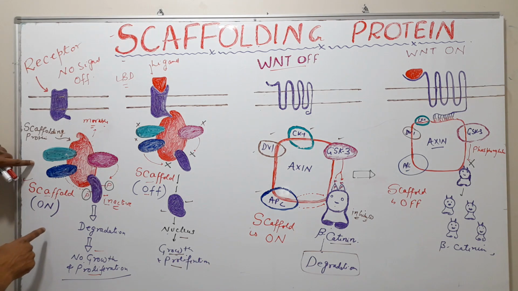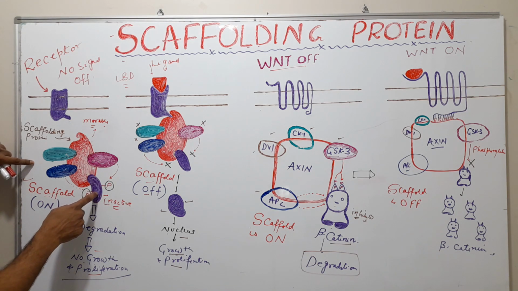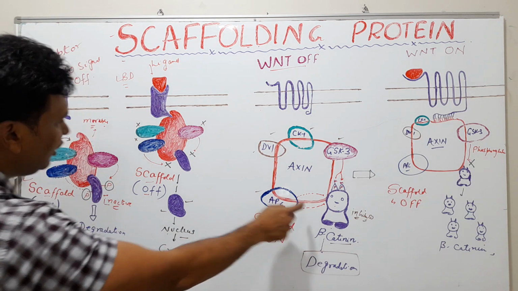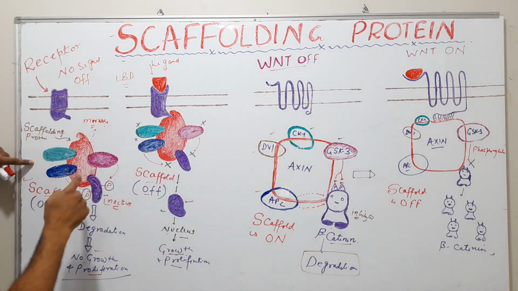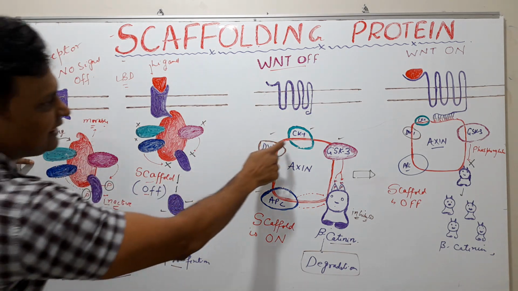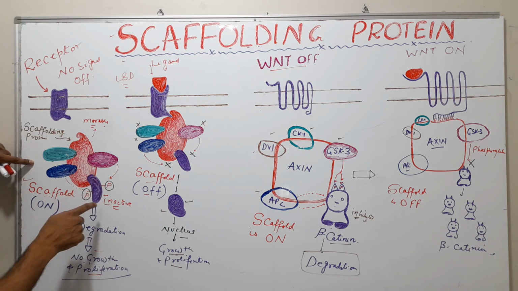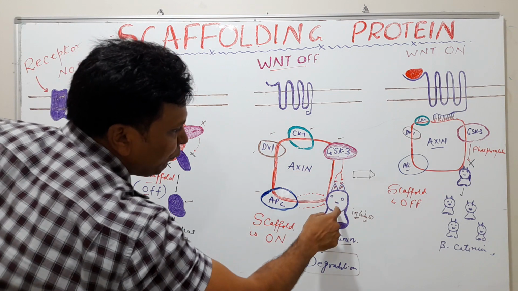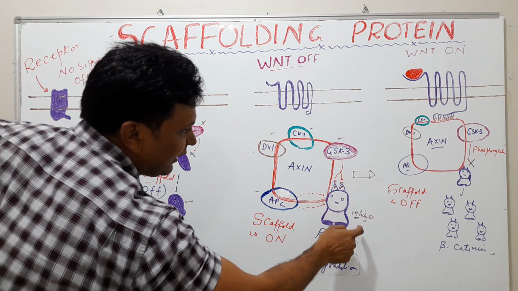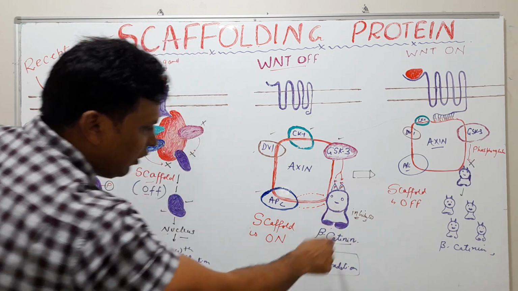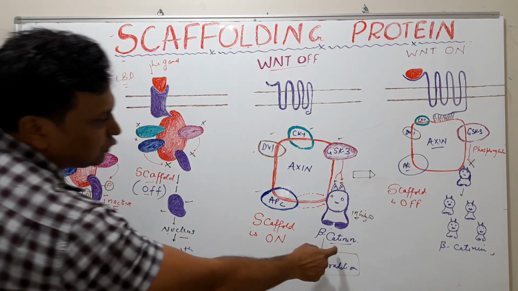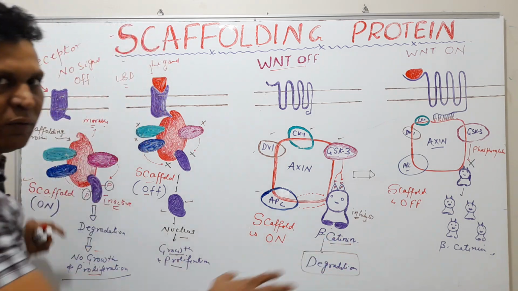Similarly, here is beta catenin, no signal. These kinases are active, this protein is phosphorylated and kept inactive, and it undergoes degradation.